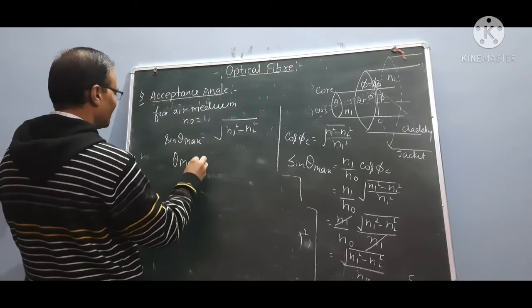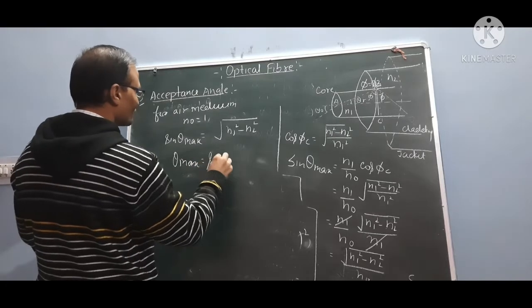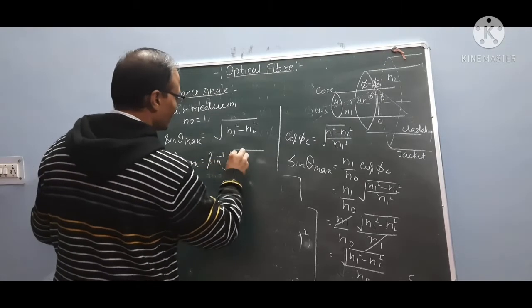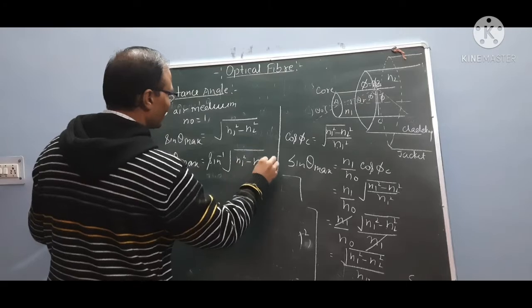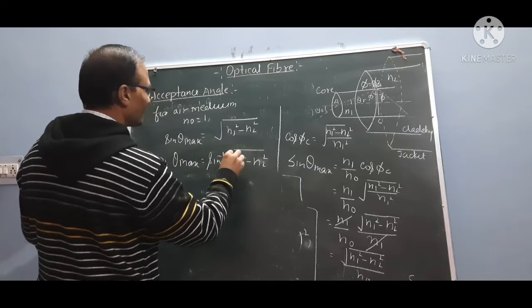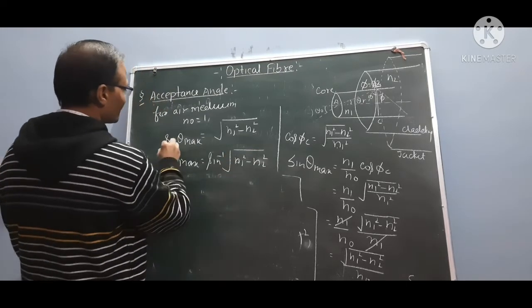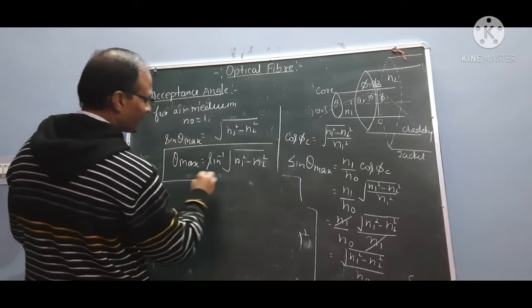So theta maximum equals sin inverse under root n1 square minus n2 square. This is the acceptance angle.